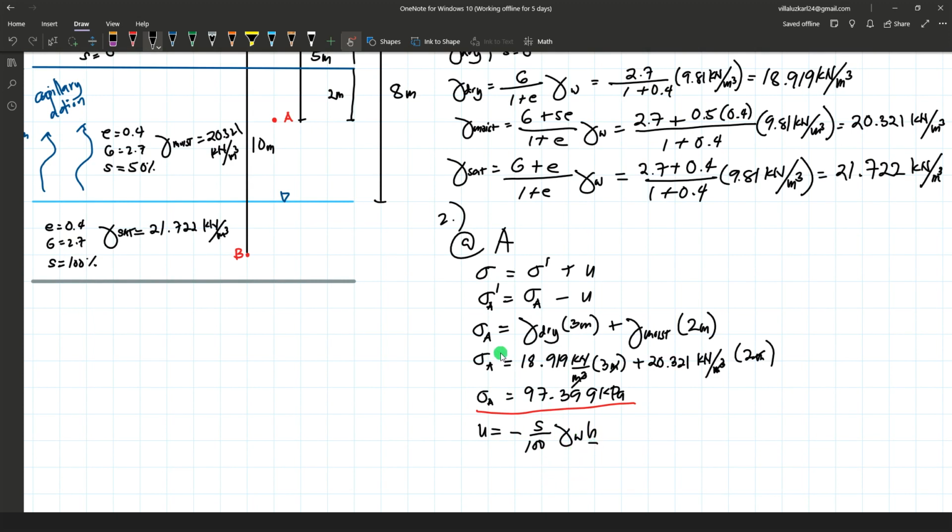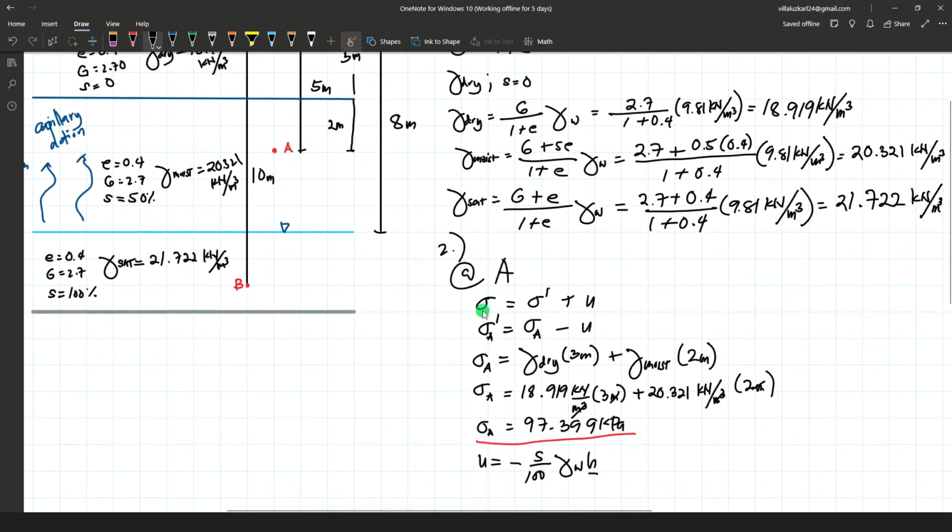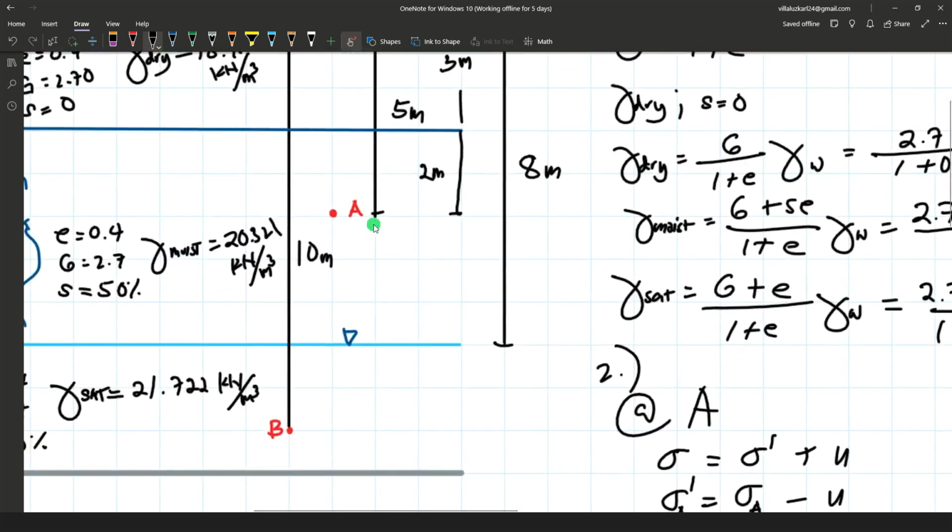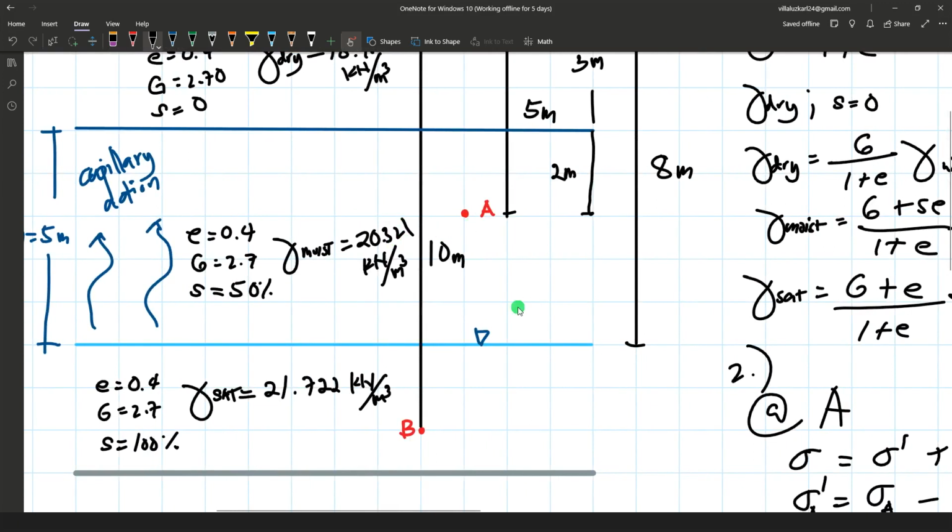So what's the height here? That height is measured from the water table to the point where we will determine the pressure. So we have here point A. It means that the height there is from this water table to point A. So this vertical distance here, that will be the height that you will use.